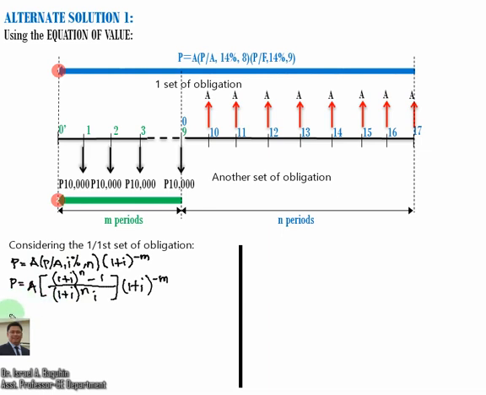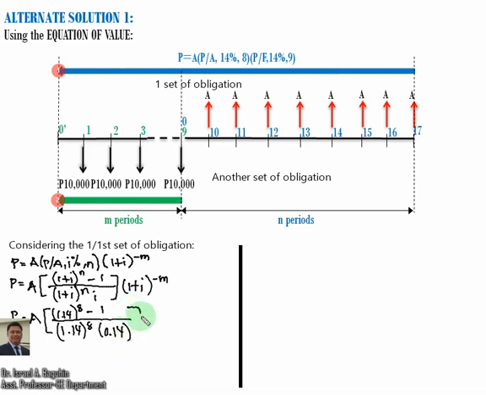P is equal to the annuity times, with our i of 14%, 1.14 raised to the N, where N is equal to 8 years, so 1.14^8 minus 1, all over 1.14^8 times 0.14.